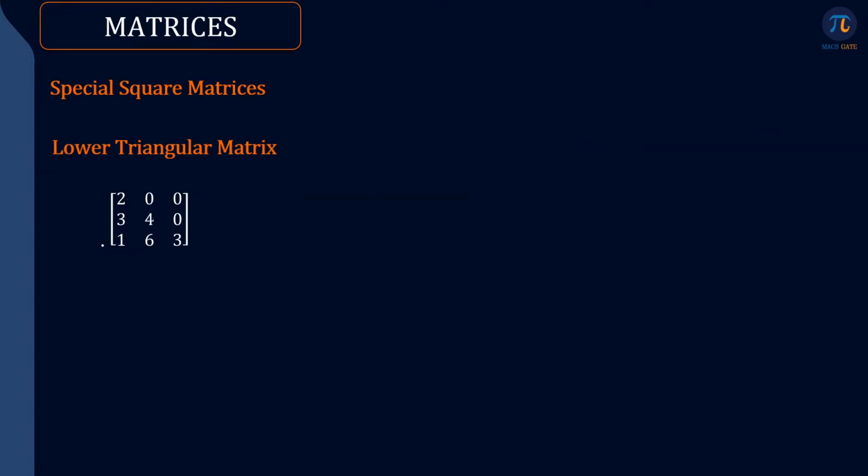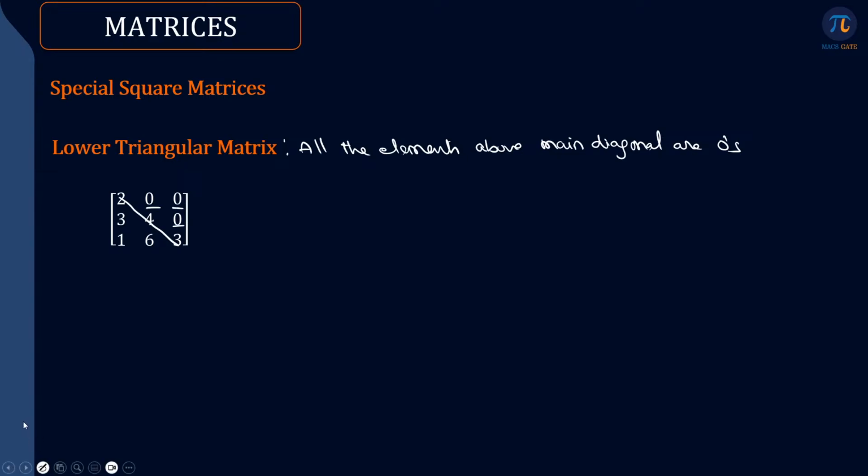Now you can talk about lower triangular. Very simple. Lower triangular means what? All the elements above main diagonal are 0. All the elements above main diagonal are zeros. Okay, see, above the main diagonal all these are zeros. So that is the definition of lower triangular matrix.